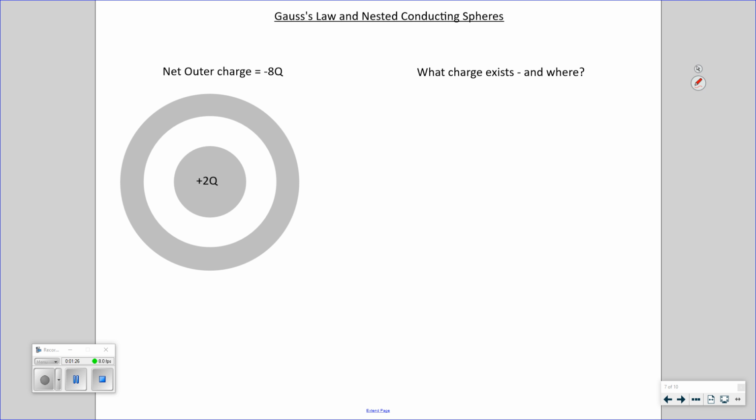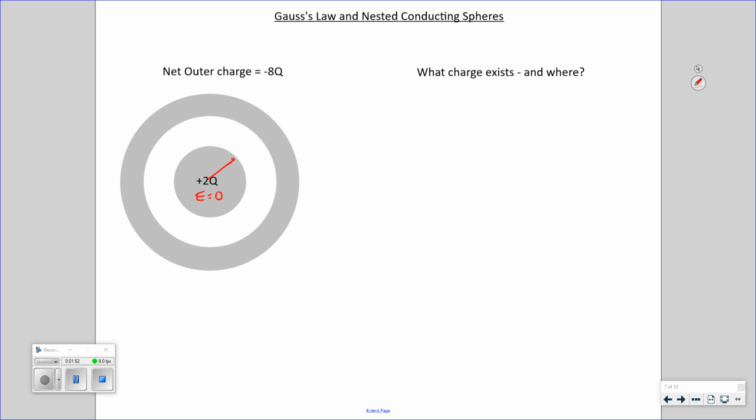It's a big deal. If a conductor has reached electrostatic equilibrium, charges aren't being pushed around anymore because there's no electric field, because electric field is what exerts electrostatic force on free charge. So inside this conductor, E equals 0.